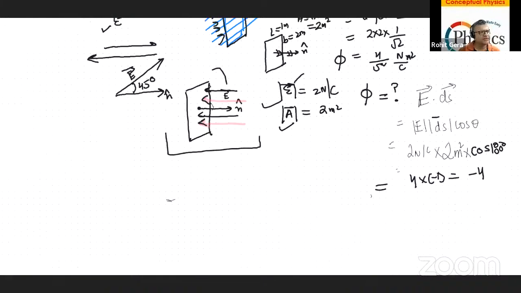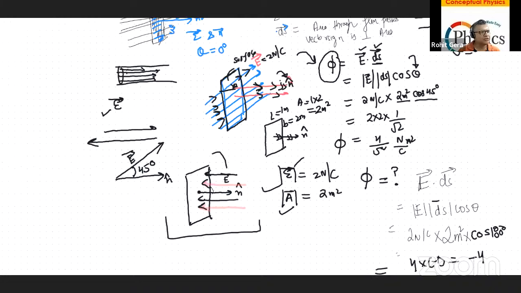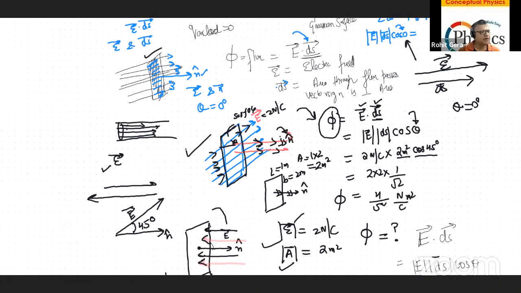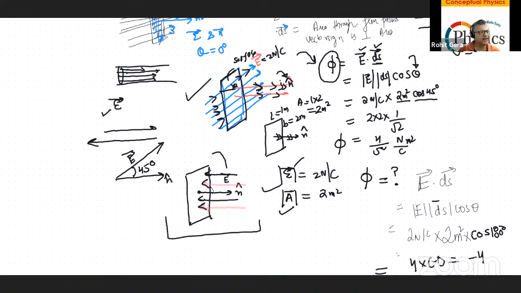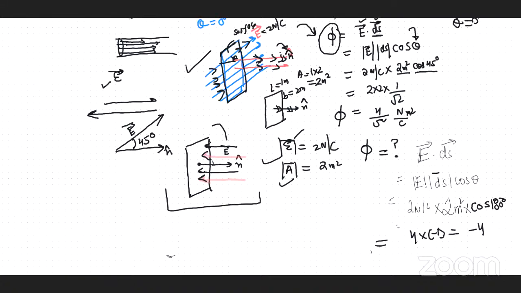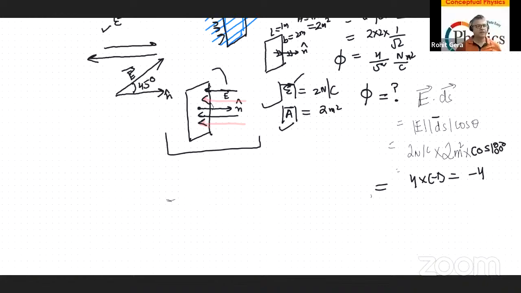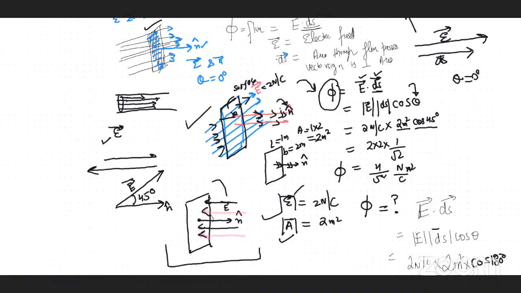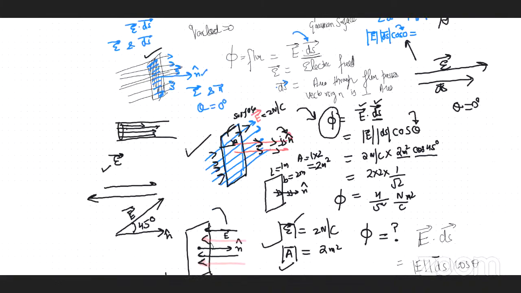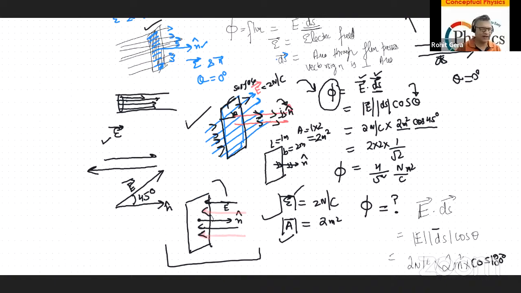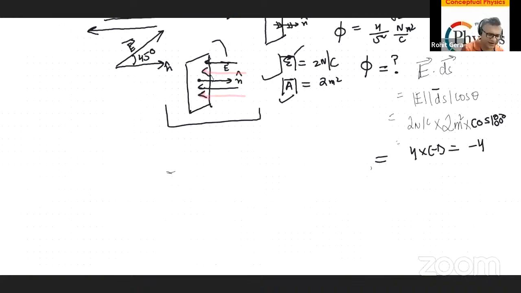Who says it is fixed? In this particular situation, it was 45 degrees. In some other situation, it can be 60 degrees. So when you are working on flux, they told us it's 45. Yes, I mentioned it. Okay, now it makes sense.